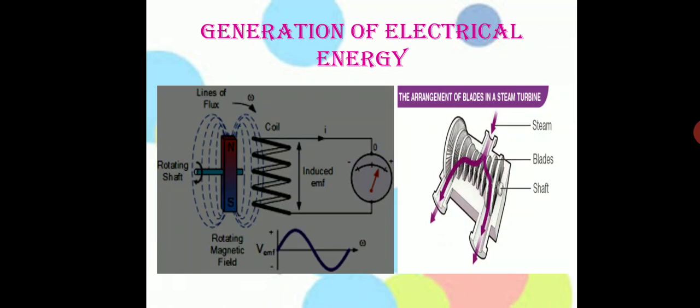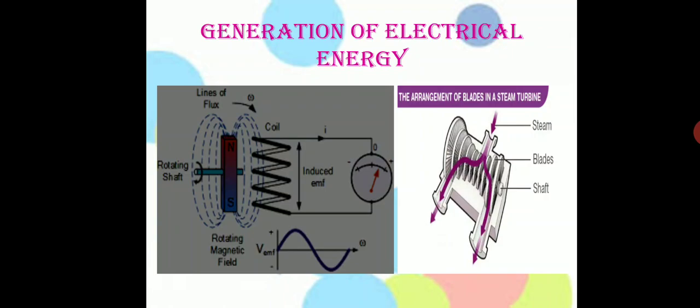If a conductor is stationary and the magnet is rotating, the field around the conductor changes, or if the magnet is stationary but the conductor is moving, then also the field around the conductor will change. Thus, in both these cases, a potential difference is created across the conductor, as you can see here in this first picture. The electrical power generating machine based on this principle is called an electric generator.